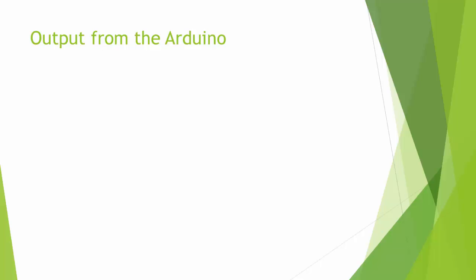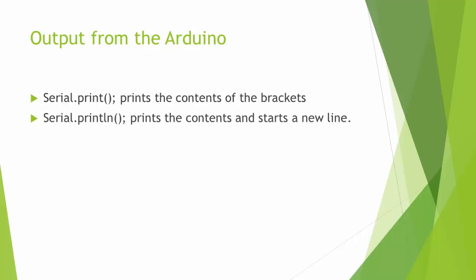If we want to output from the Arduino, say when we're trying to monitor our sketch and see what's going on inside it, there are two commands we use. The first one is Serial.print, which simply prints the contents of the brackets to the serial monitor. The other one is Serial.println, and this is just to make the messages that you send easier to read. It starts a new line and then prints the contents.